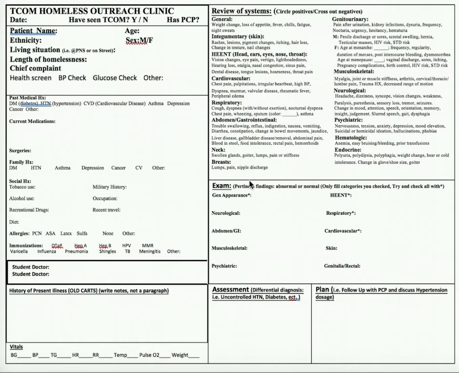The last two components of the SOAP note are going to be the assessment and the plan. For example, if somebody comes in with hypertension, we're going to put a number 1, write down hypertension, and then write down a plan. Now, let's say that they have enough supply of their medication for this upcoming week. Well, we're not allowed to give them medication, and we're not allowed to refill their medications either.